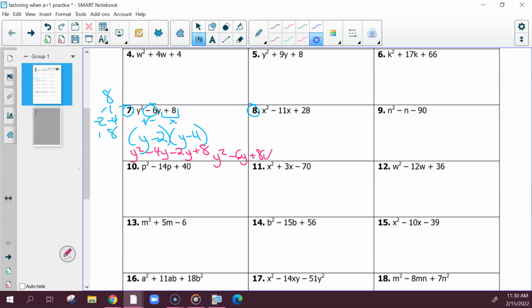If we had made them both positive, then we would get the 8, but we wouldn't get a negative 6. Or if we made one positive, one negative, we would get a negative 8 and some other number. But rule of thumb for negative positive, both factors are going to be negative.